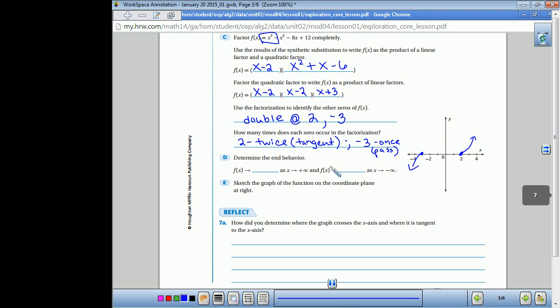That's right. Okay, so it's going to fall to the left and rise to the right. They did theirs backwards for some reason. Okay, we know we're going to pass through here. And we're going to bounce here. Good job, okay.